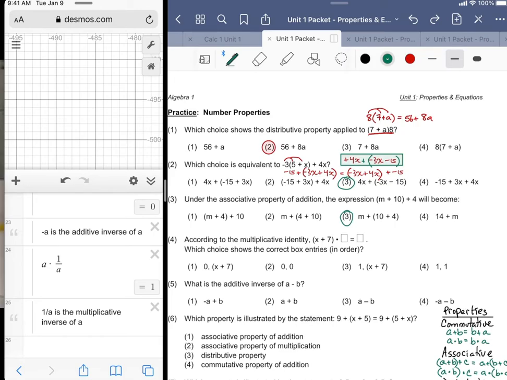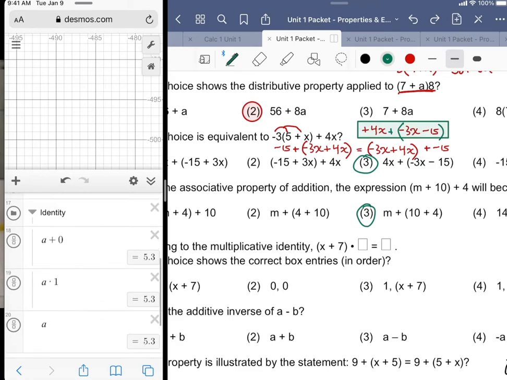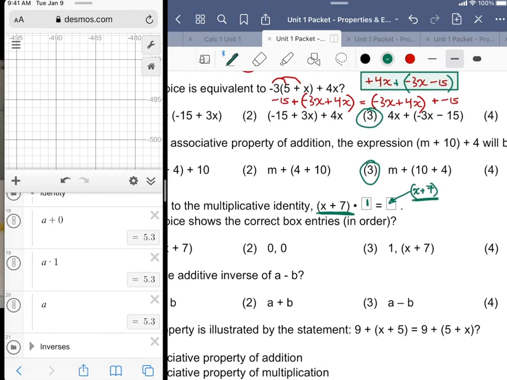If I want to get a result that's exactly the same as what I started with, it is identity, then what I would say is, okay, well, I want this to be x plus 7. I would ask myself, well, what do I multiply this whole expression by so that it never changes? Well, 1. Multiply by 1 and there's no change, so also number 3.